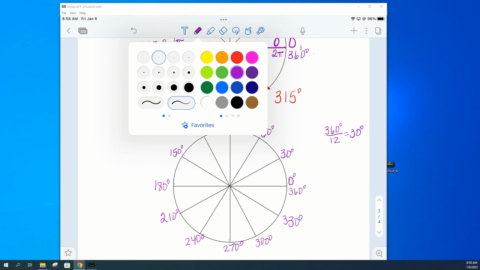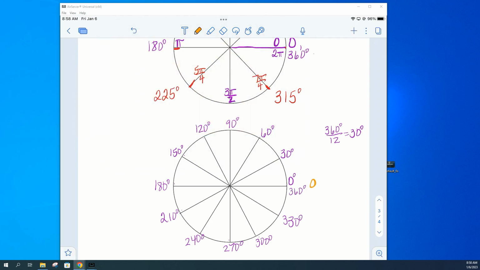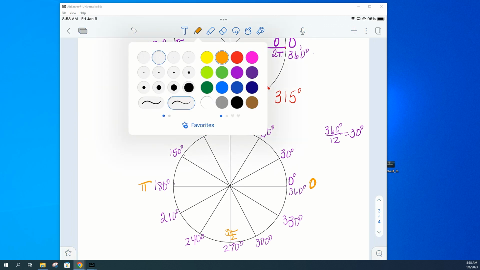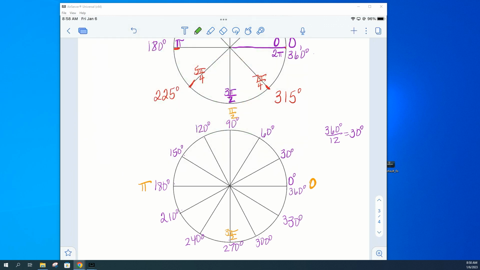Now, what do we got in radians? Well, once again, these aren't changing. 0, pi over 2, 3 pi over 2. Those we already know. Let's do the same thing. If I divide 2 pi by 12, that gives me pi over 6. So I'm going to go around this circle counting by pi over 6, and I'm going to reduce when I can. So this is 1 pi over 6.